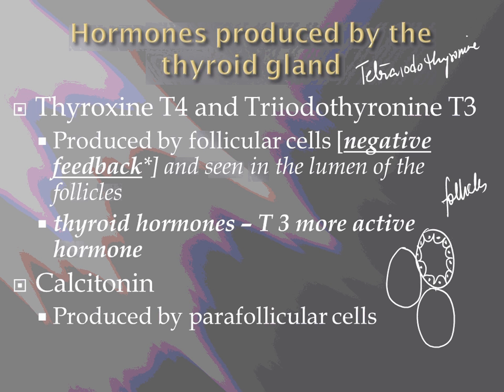And as we'll see, these are blood vessels up here. So this is a blood vessel, and iodine is present in the blood vessel. This iodine is trapped by these follicular cells and then taken into the lumen of the follicle.